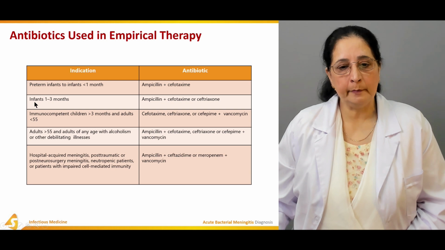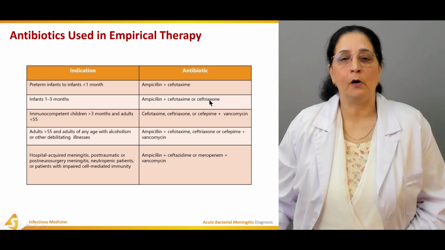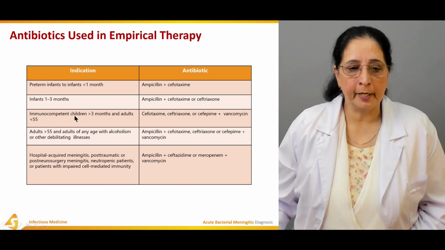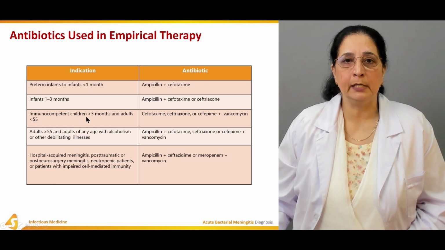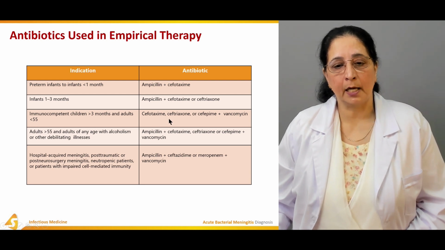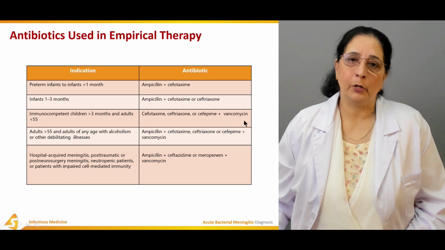From 1 to 3 months, again, ampicillin plus cefotaxime or ceftriaxone. Immunocompetent children more than 3 months and adults less than 55 years of age: again, cefotaxime, ceftriaxone or cefepime plus vancomycin.